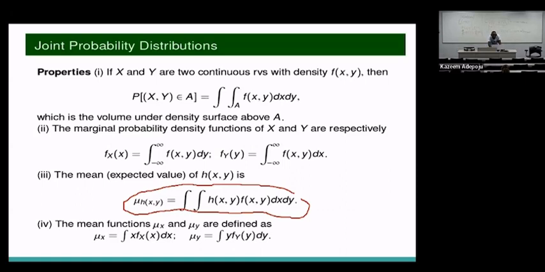But take a look at number 4 now. Even though you are given a joint, if somebody asks you to figure out the conditional mean of x, the conditional mean of y, then you need to, by force, do number 2.